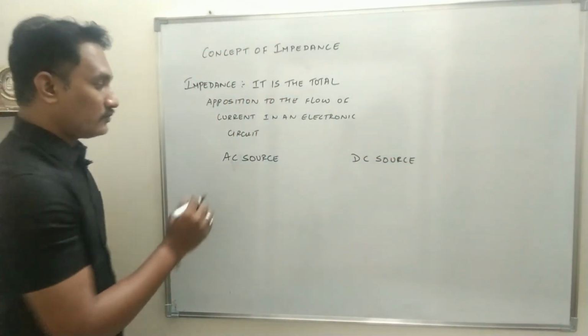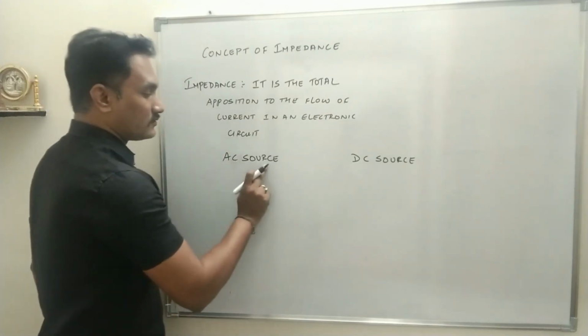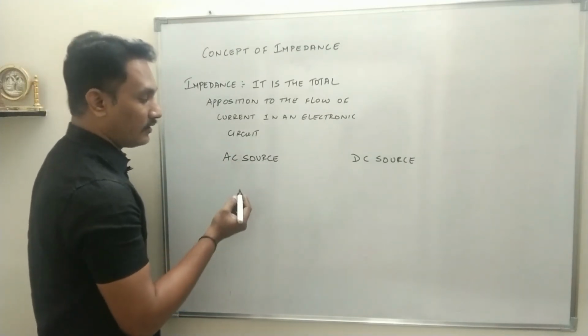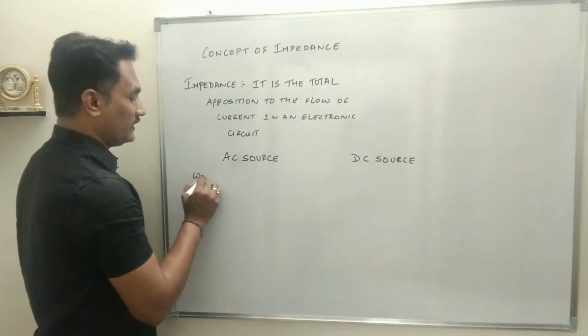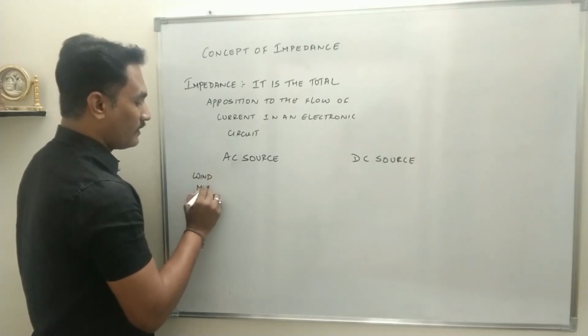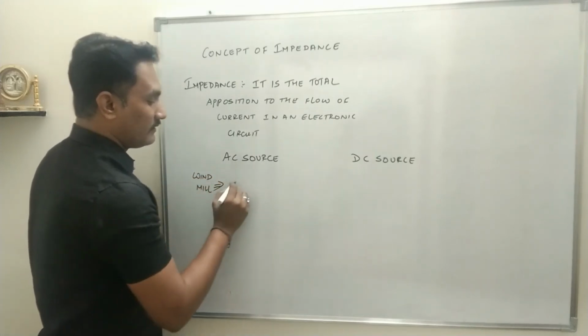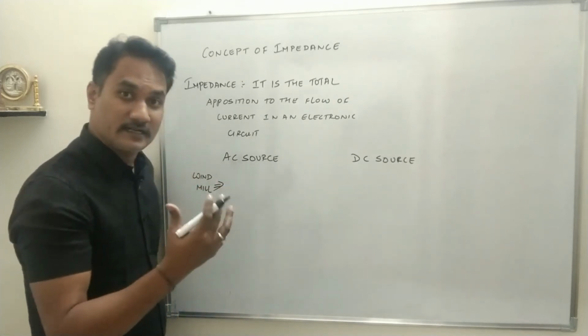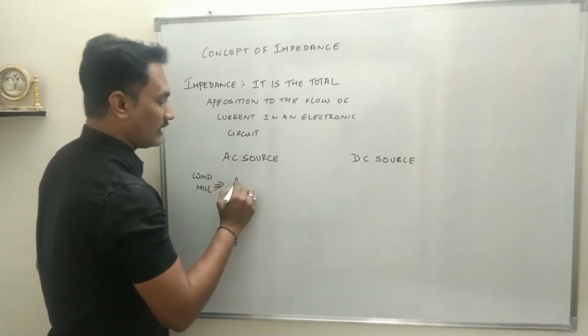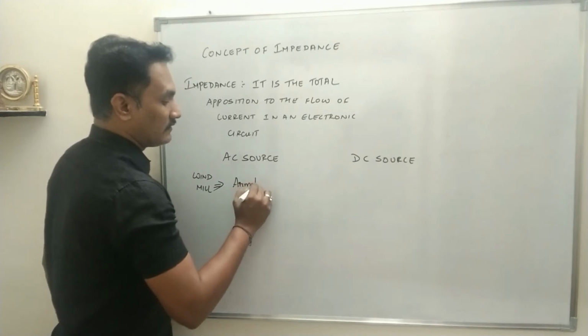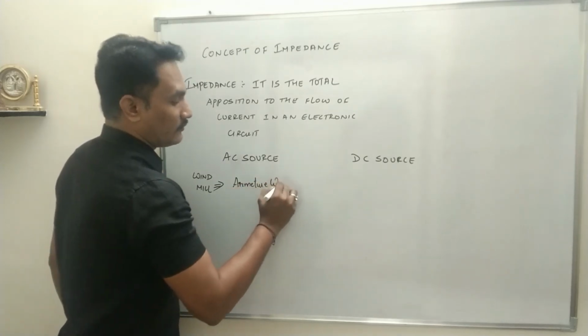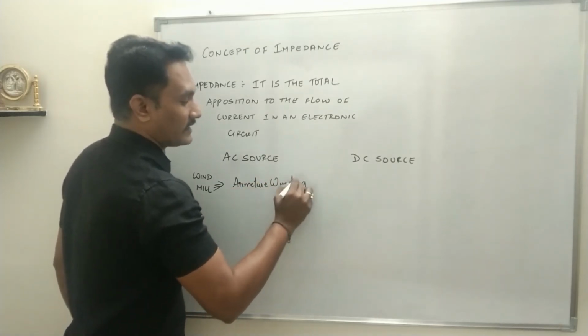So now to design AC source, as I said, the example of AC source which we took is windmill, and the basic circuit which is used in windmill is called as armature winding. Okay, it is called as armature winding.